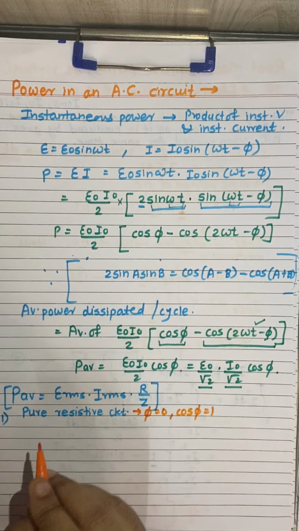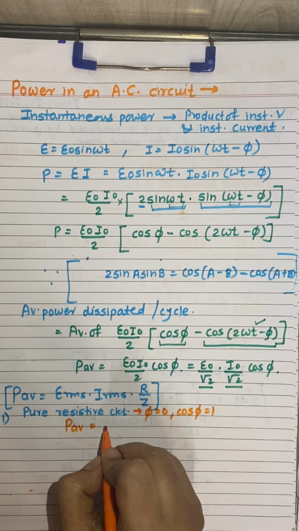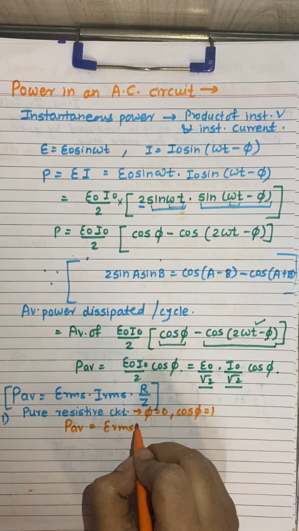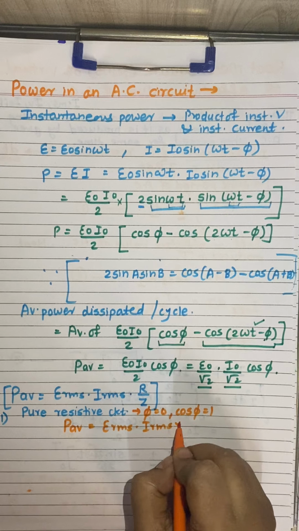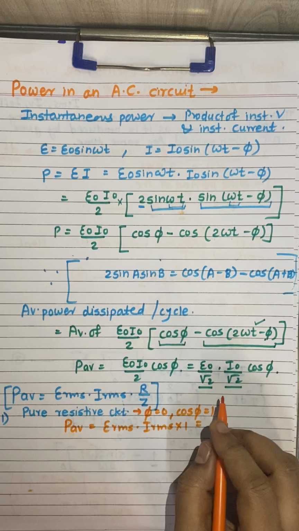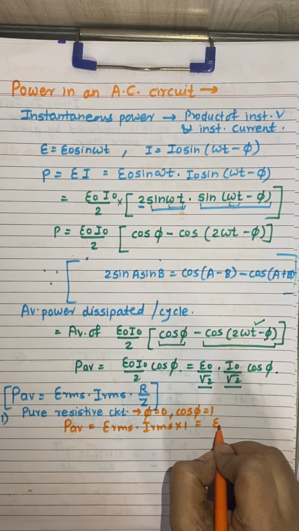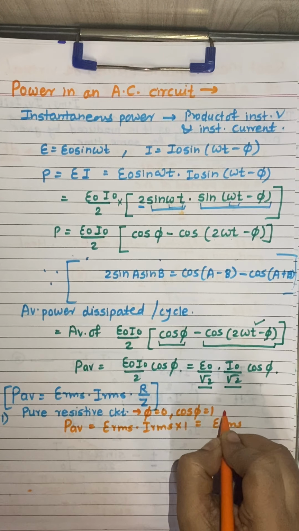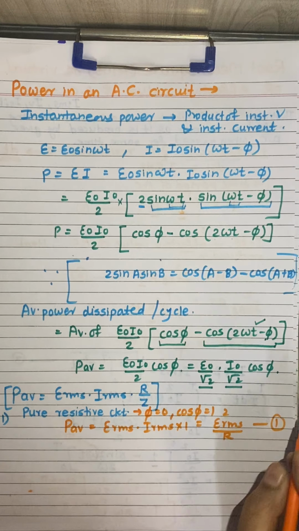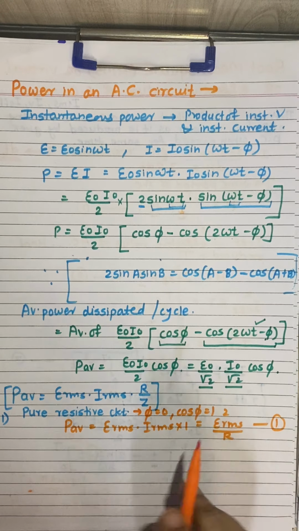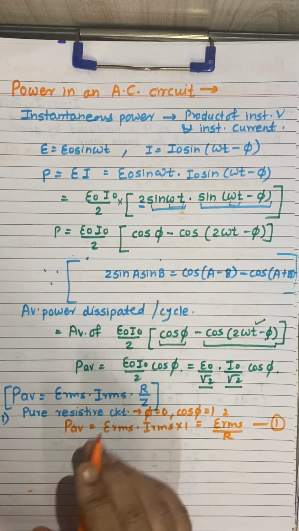So when cos phi is equal to 1, the average power is P average equal to E RMS into I RMS into 1. We have converted this formula into E RMS squared upon R. So this is the power formula in the resistive circuit, but we have found this by using the overall power equation for the LCR circuit.